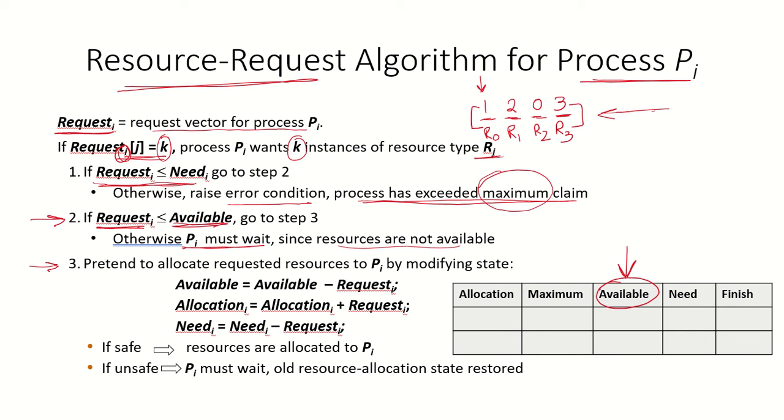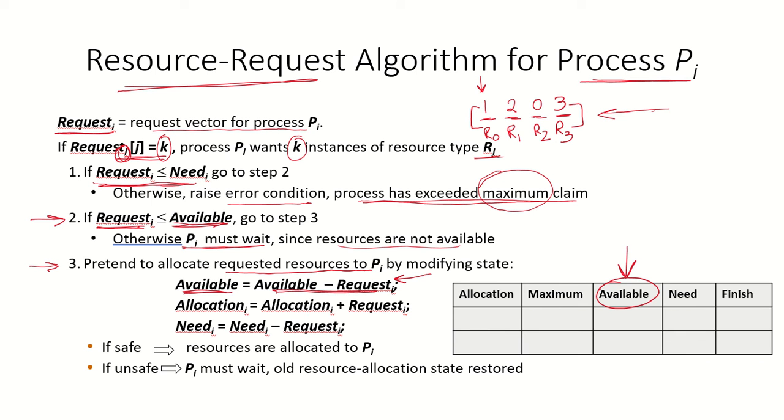Now if request is less than available, then we will pretend that we have allocated the requested resources to that process, and we will say that available is equal to available minus request, because now these resources have been allocated to the process.